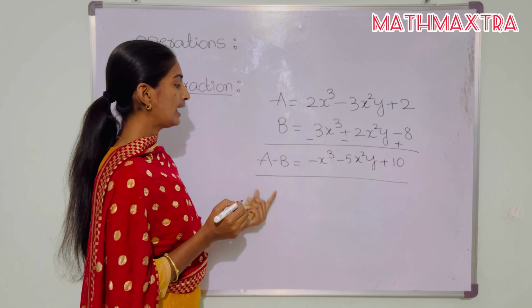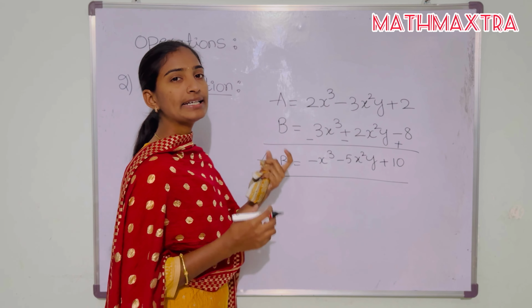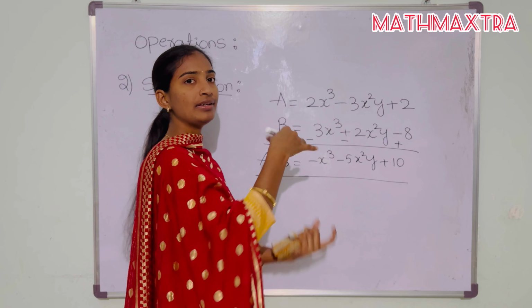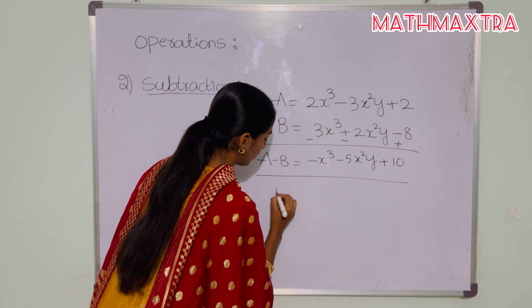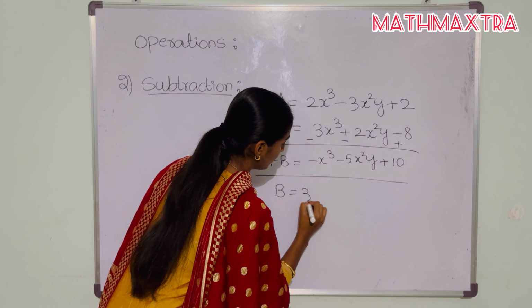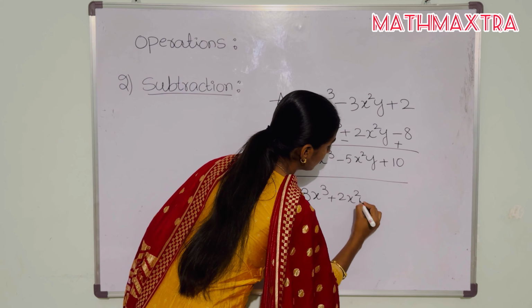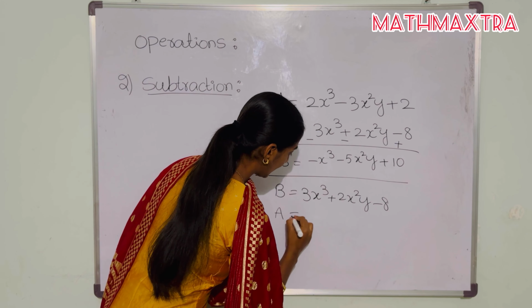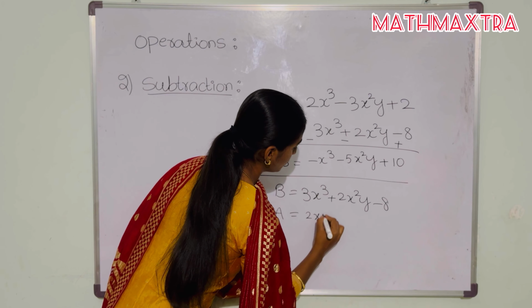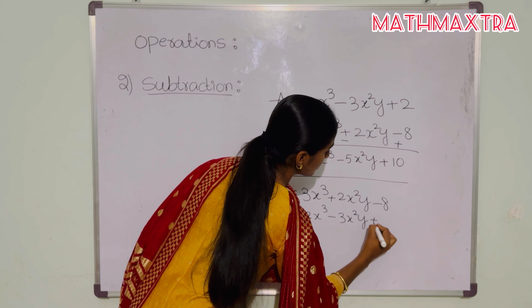If you want to calculate b minus a, which is nothing but subtracting the a expression from b, then you write the b expression on top, which is 3x cube plus 2x square y minus 8, and next write the a expression, that is 2x cube minus 3x square y plus 2.